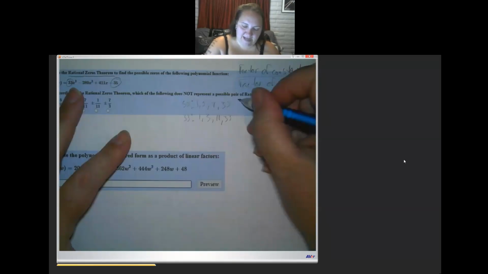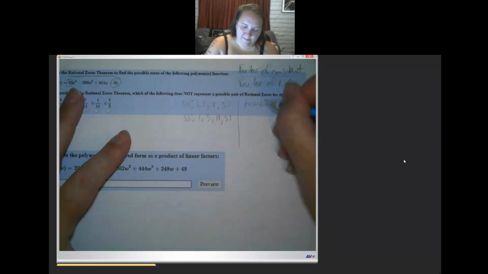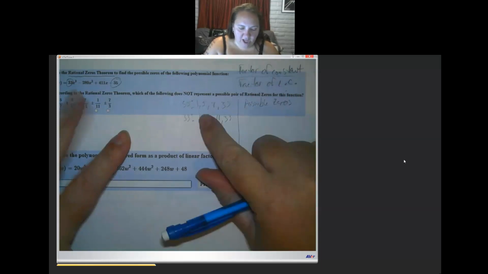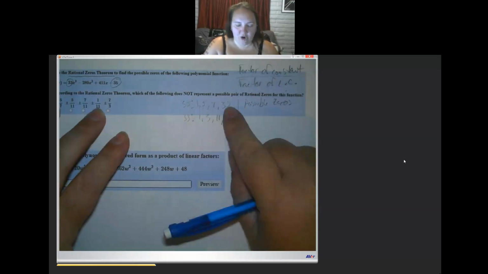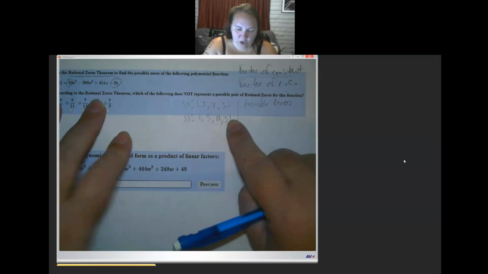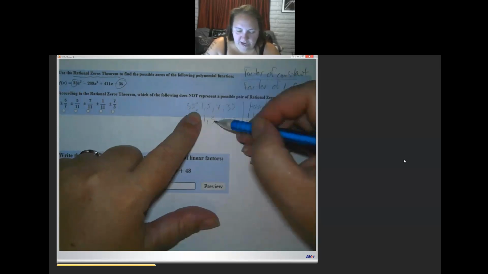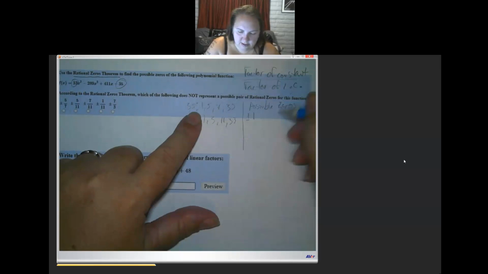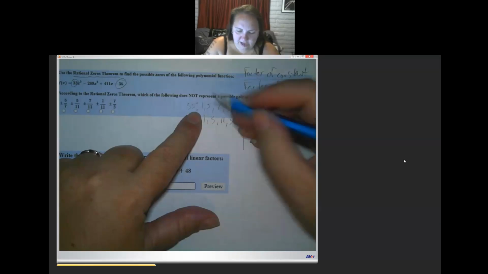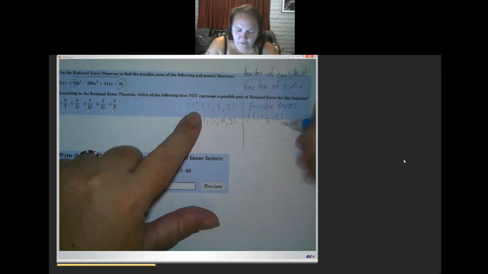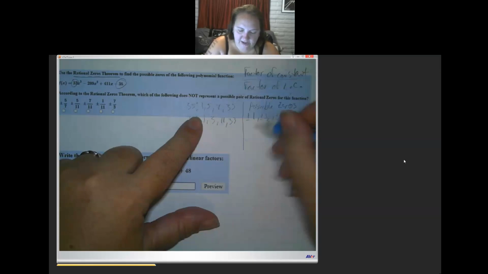So then my possible zeros are all of these numbers over all of these numbers. So that's 1 over 1, which is just 1, 1 over 3, 1 over 11, 1 over 33, 5 over 1, which is just 5, 5 over 3, 5 over 11, and 5 over 33.